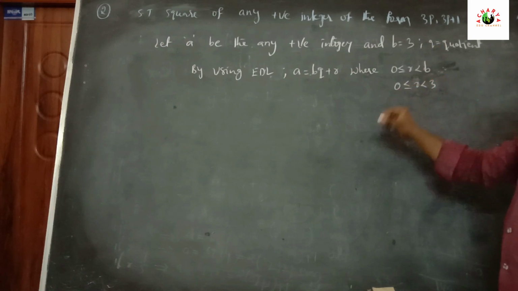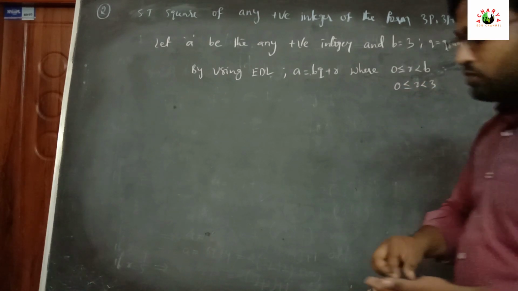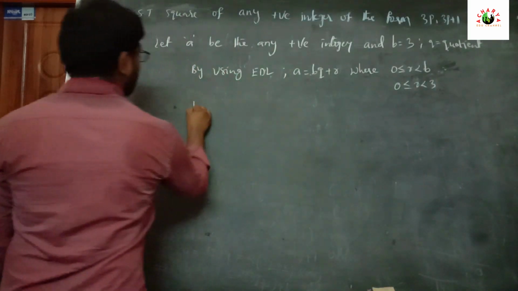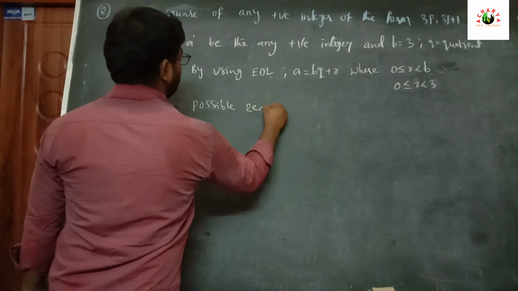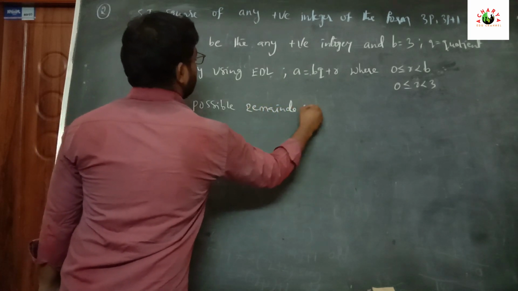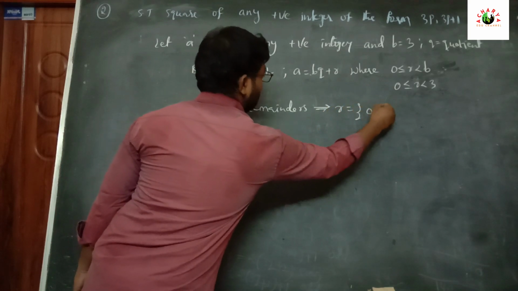So what are the possible remainders? 0, 1, 2. Less than 3 means up to 2. So the possible remainders imply r = 0, 1, 2.